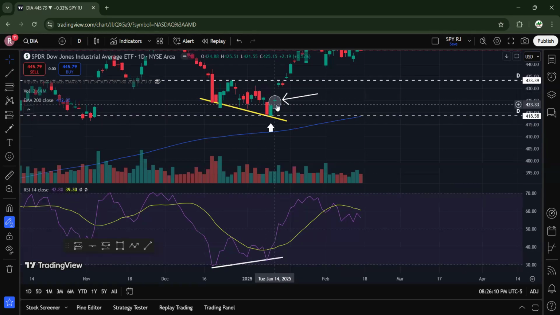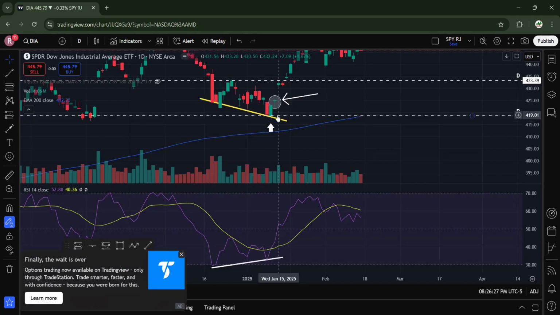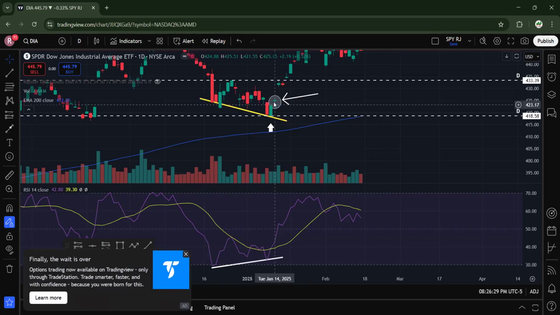Look at this candle, a bullish hammer. Okay. So when you start thinking about what do I have here to tell me, okay, maybe I can take this trade to the upside. I got bullish divergence. I have this stock that held support, and I have a bullish hammer that tells me that buyers are trying to step in.